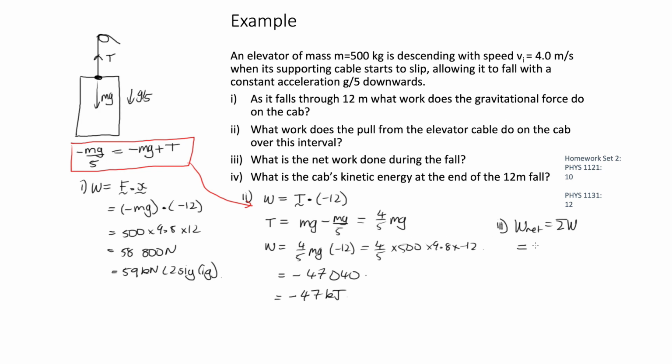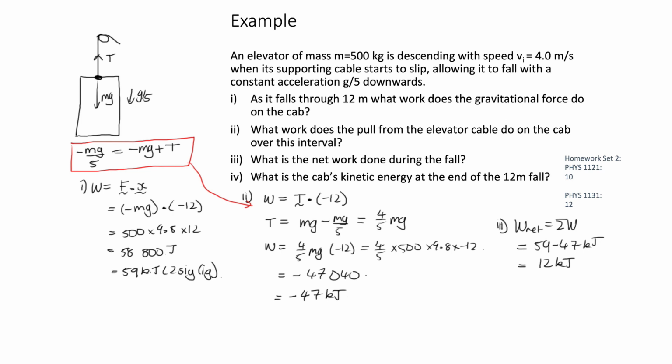So we can say, well, this is equal to the 59 minus the 47 kilonewtons, and that gives us 12, sorry, not kilonewtons. This should be kilojoules. It's an energy, kilojoules. And I wrote my units wrong over here as well. This should be joules and kilojoules. And so that gives us 12 kilojoules.